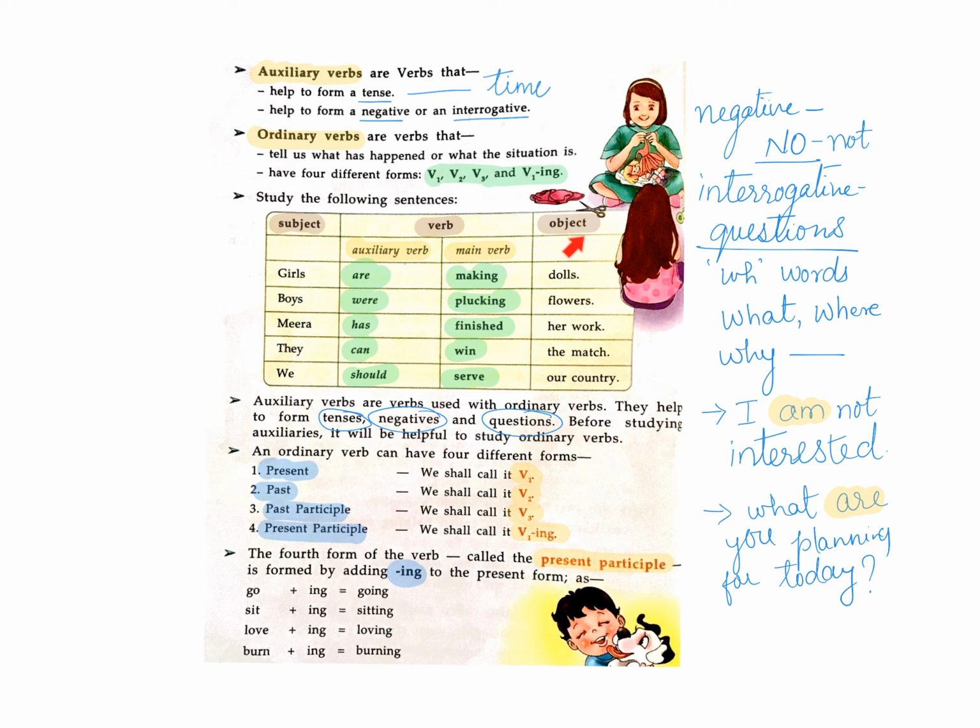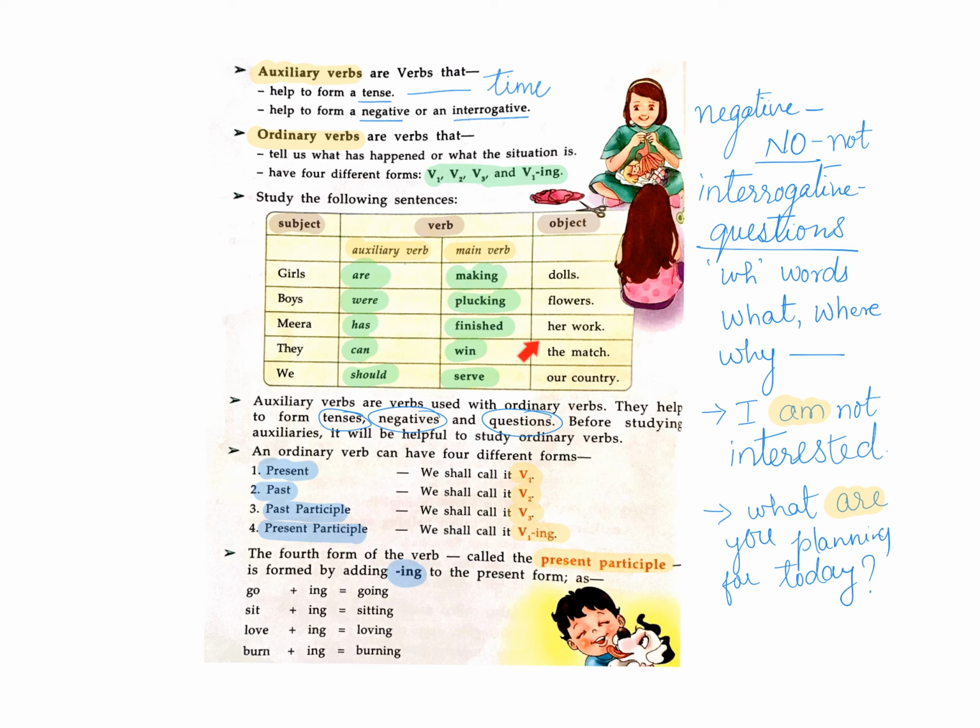Subject, verb, object. Each sentence has subject, verb, and object, and it is classified in this way. The first sentence: girls are making dolls. Here, girls is the subject. Auxiliary verb is are, main verb is making, and the object in the sentence is dolls.